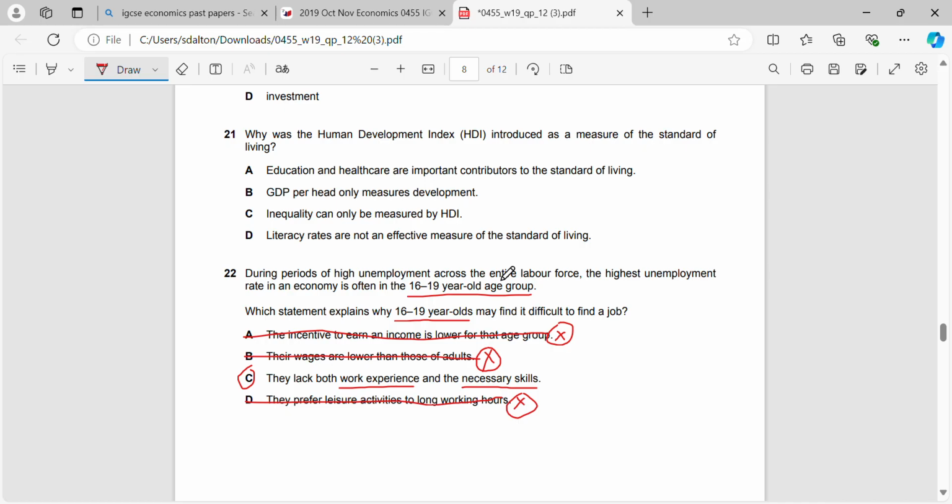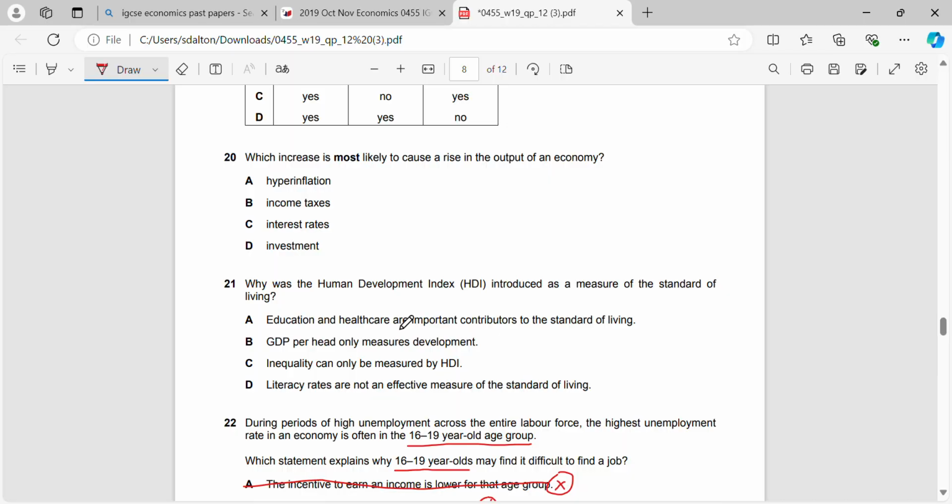Question 21 is another HDI question. Why was it introduced as a measure of the standard of living? That is because education and healthcare are important contributors to the standard of living. Okay? So remember that the HDI, when you look through the other papers, it includes the mortality rates and it includes the average years of schooling, which something like real GDP does not include, right?